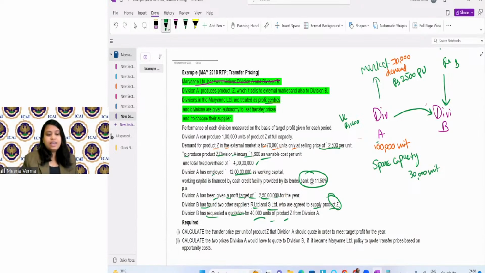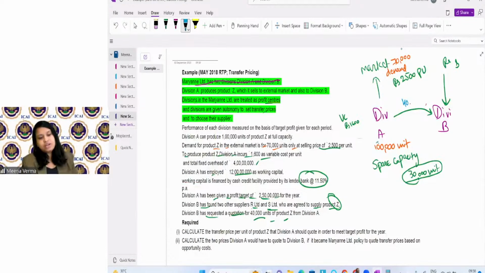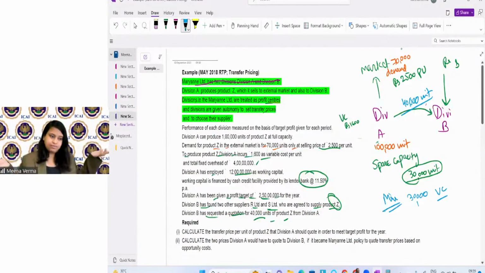See, the point is that they have spare capacity for 30,000 units. But actually, Division B is demanding 40,000 units. So if the negotiation happens, the minimum price for 30,000 units, their expectation will be just to recover the variable cost. Because when you have spare capacity, sitting idle, your expectation is just to recover the variable cost, not beyond that.